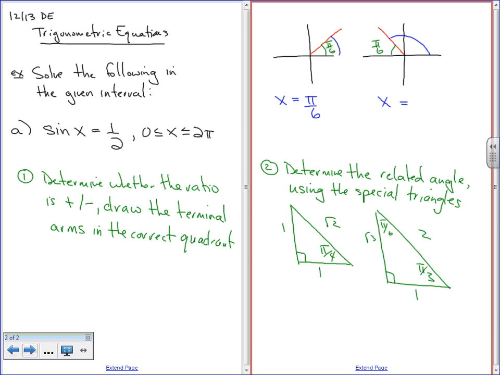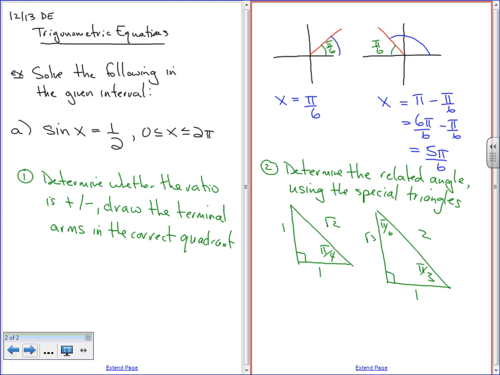Six pi over 6, which is pi. Yeah, perfect. John said go all the way over to pi and then subtract off this little bit, and then the remainder will be your angle. So pi subtract pi over 6, which is 6 pi over 6 minus pi over 6, and that is your other answer.